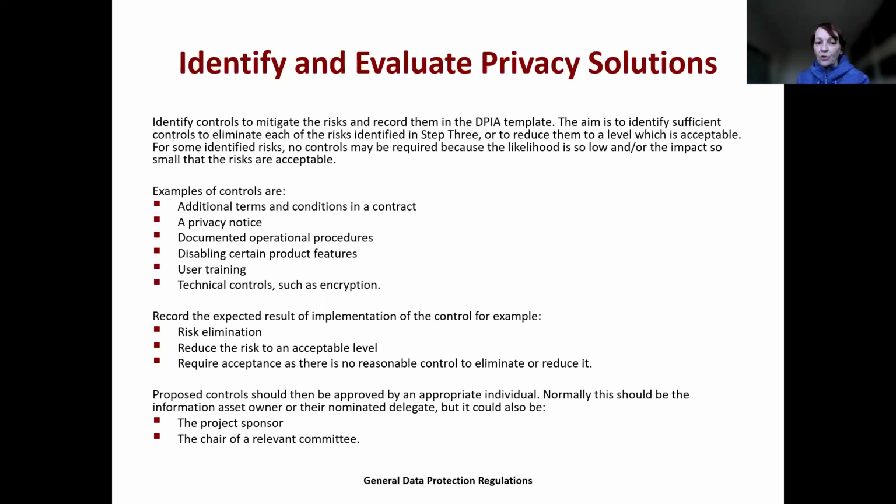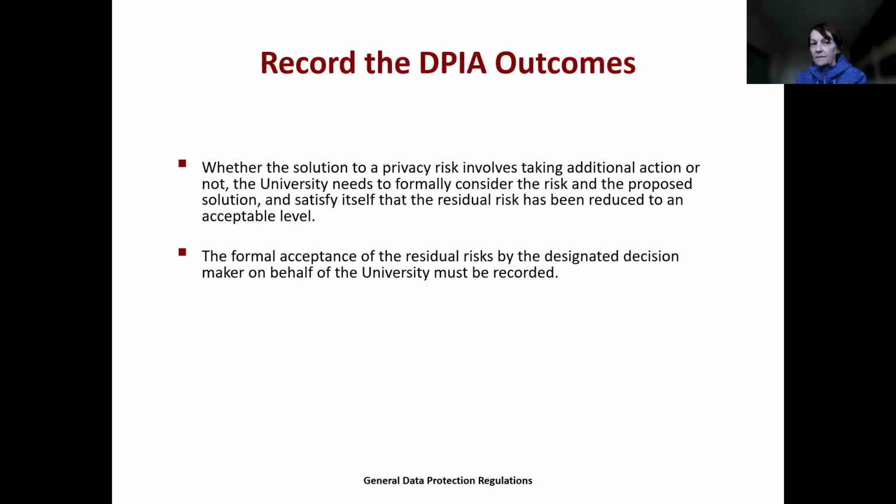The proposed controls should then be approved. So they should be agreed, approved, signed off, and then we come back. The next step is to make sure that we record the outcomes. So whatever has been decided, I might make comments in relation to it. I might say that I deem that the risk measures are sufficient.